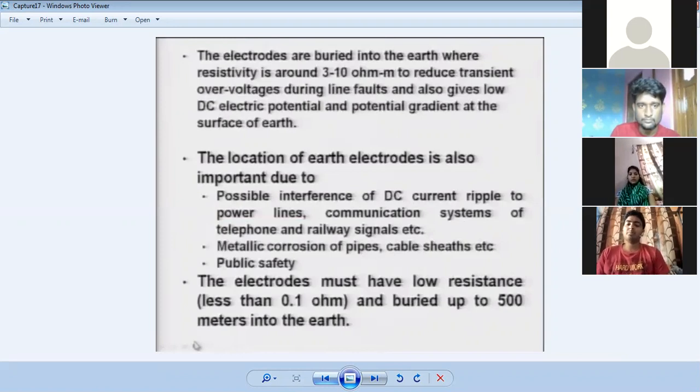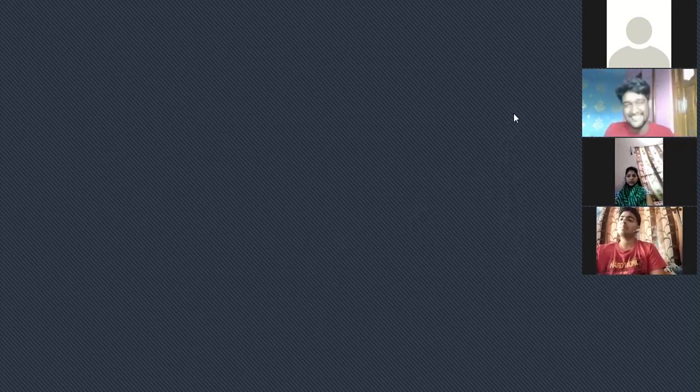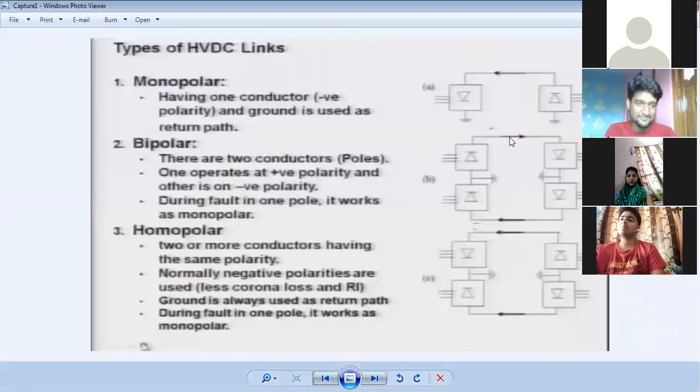Here you can understand that in case of bipolar there are plus and minus. There is one positive side and one negative side. I told you earlier that this is the plus VDC and this is the negative VDC. So the total difference is 2 VDC from here to here. So PDC, the DC power, will be 2 VDC into IDC.